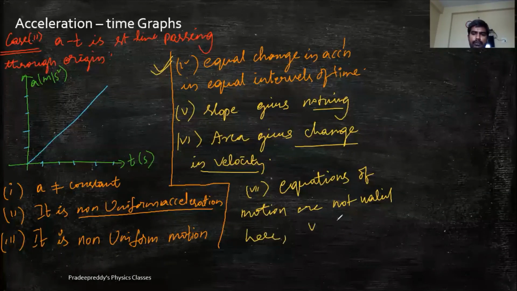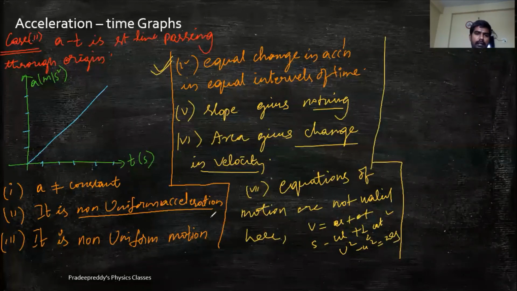That means we cannot use V is equal to U plus AT, S is equal to UT plus half AT square, and V square minus U square is equal to 2AS. These equations cannot be used in this particular case. Then which form do they take? We can use integration and differentiation, or we can use these equations.